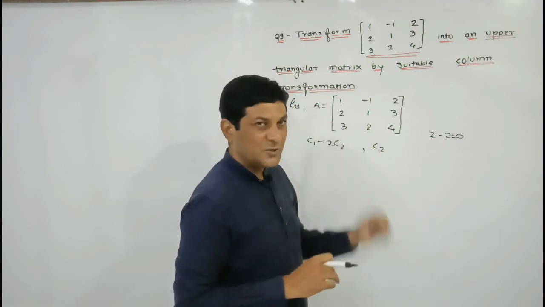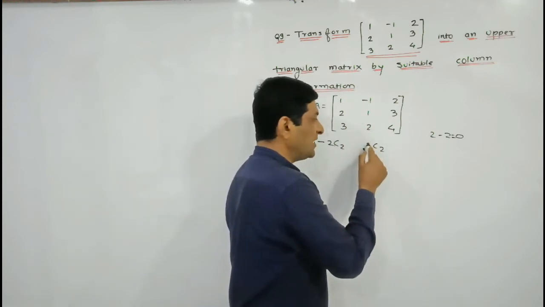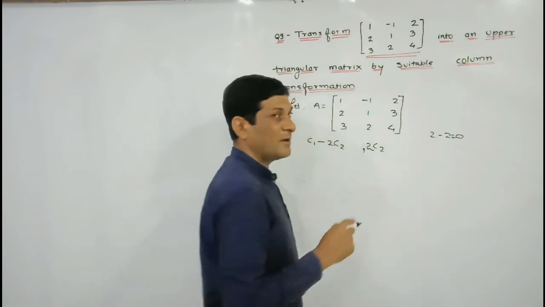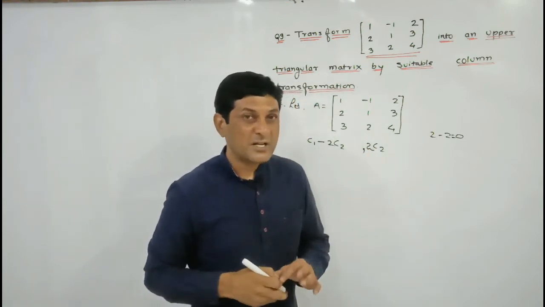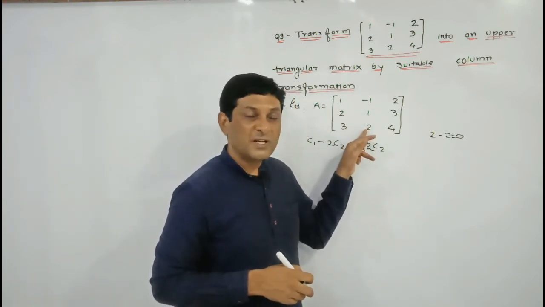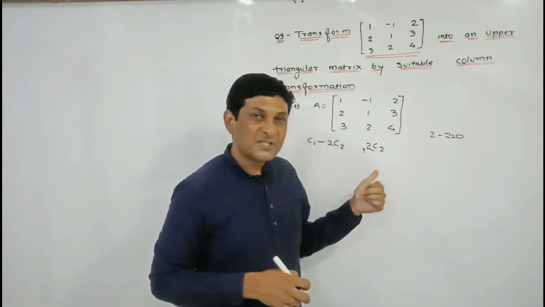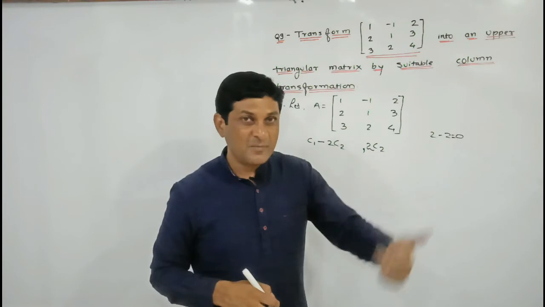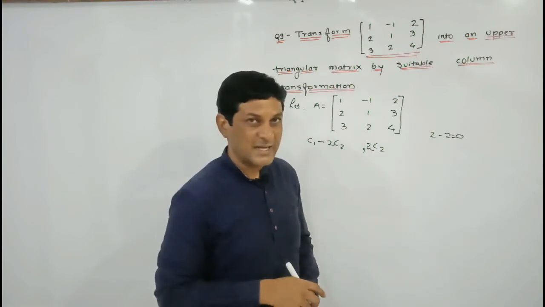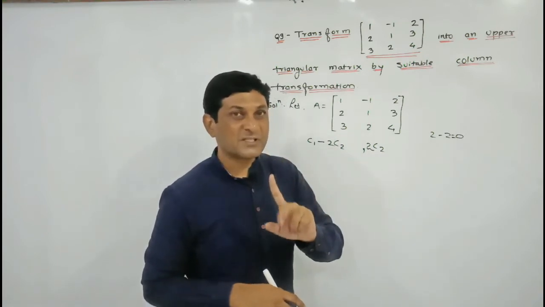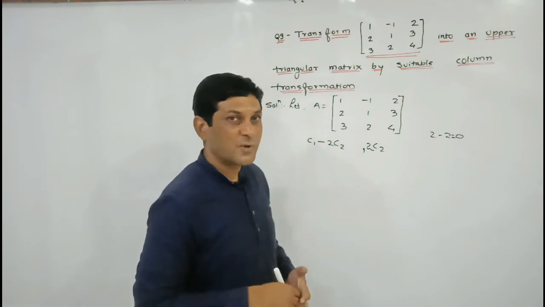Yes, we are able to get 4 if we multiply the element of the second column by 2. 2 into 2 will become 4. And this is our second operation, multiplying the element of a column by a non-zero scalar. So here we are performing the second operation of elementary transformation.